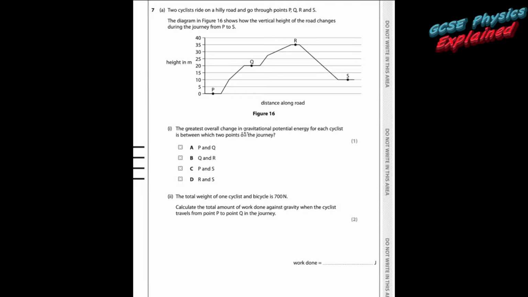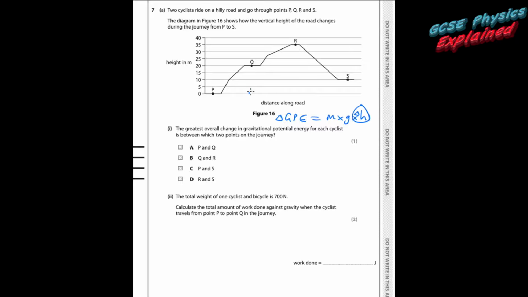The greatest overall change in gravitational potential energy for each cyclist is between which 2 points on the journey? Right, so remember, gravitational potential energy equals mass times by gravity times by height. So the difference in GPE will be the difference in the height, because the mass and the gravity will be the same. So when was there the greatest height change?